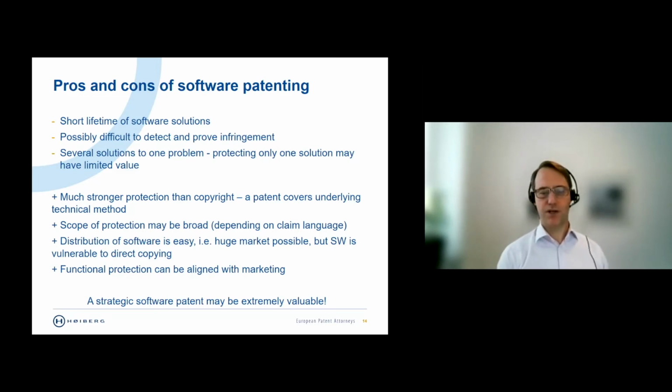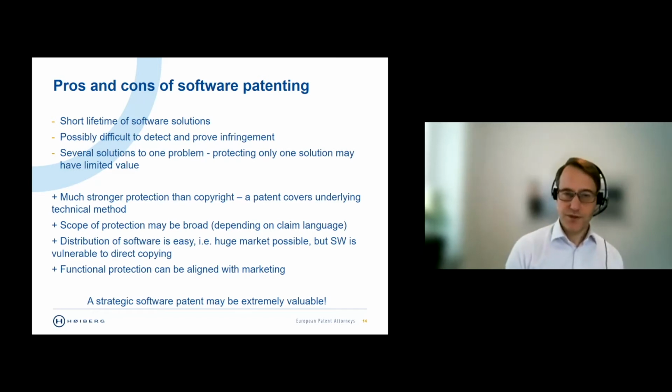If I just patent one of them, wouldn't it be easy for a competitor to just do some other solution? Well, that's true. It's also true that if you draft the claim too narrowly, it may be possible to circumvent. It may also be difficult to prove that somebody is doing this. So why would you then use the patent if you cannot, in practice, stop anyone from doing it?